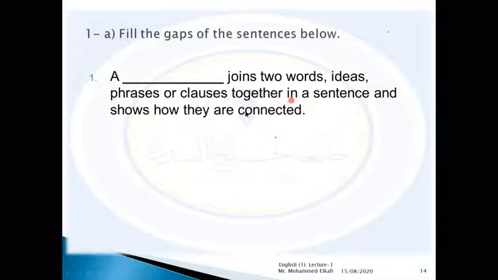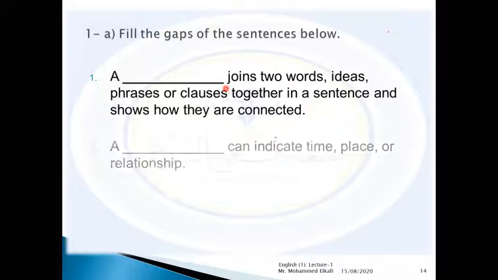What connects words and ideas and phrases? Yes, you are right. It's a conjunction.